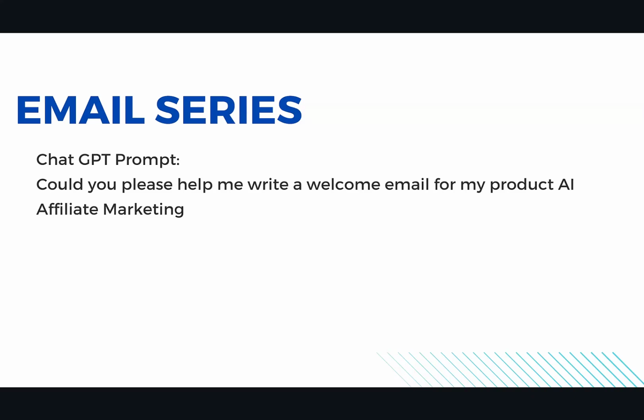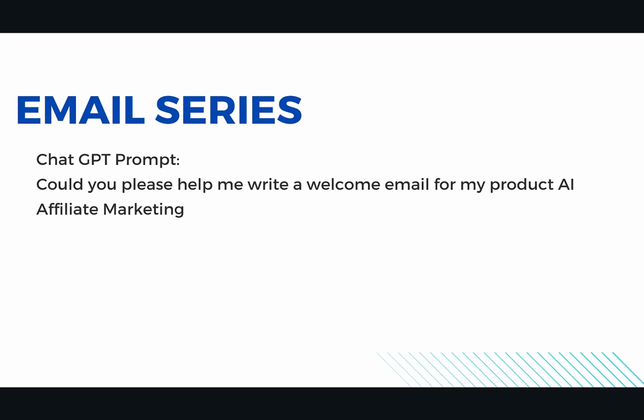Just take the welcome part out, write me an email for a product, then write the product name and describe what the product is. What does it do? And then say that I'm selling this, just write me an email promoting this product. That's the only difference between the two prompts.